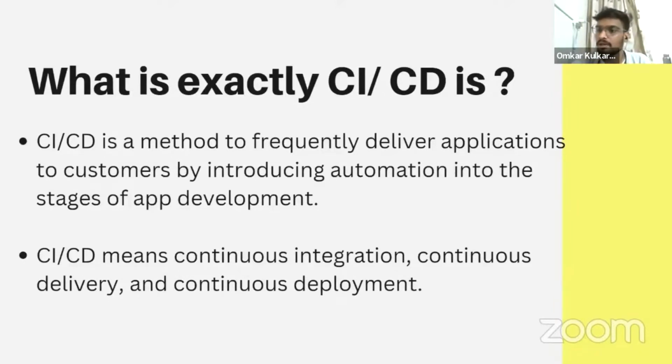CI/CD is the solution to the problems integrating new code can cause for development and operations teams. Taken together, these disconnected participants are often referred to as a CI/CD pipeline, supported by development and operations teams working in an agile way with either a DevOps or site reliability approach.